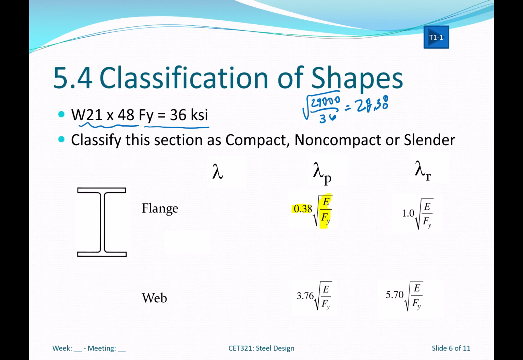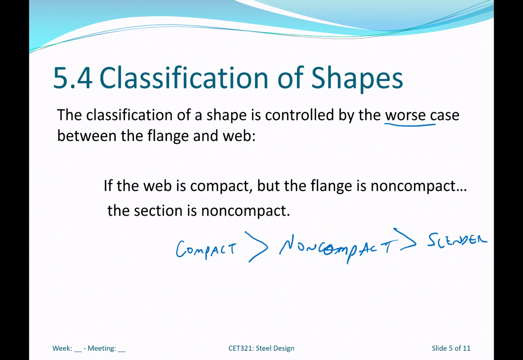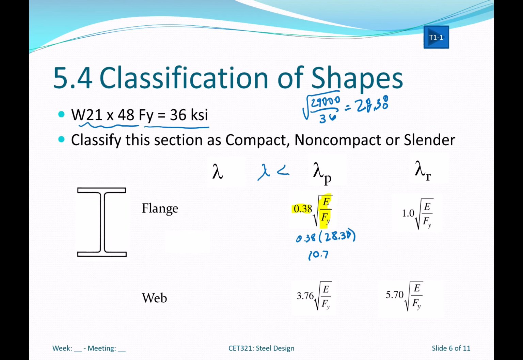So we can take 0.38 times 28.38, and that limit is 10.7. So if lambda is less than 10.7, the flange would be classified as being compact.